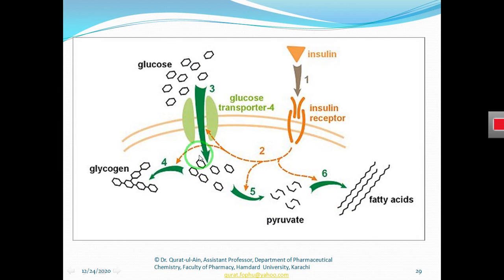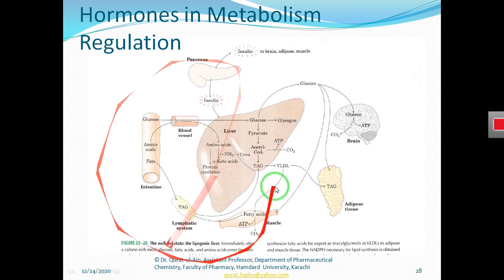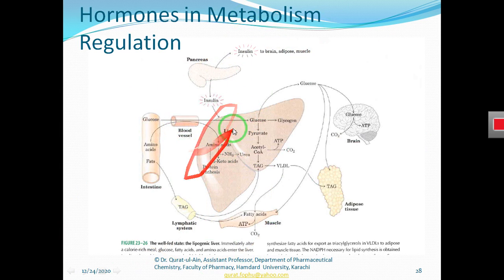How it allows glucose to enter the cell, we will see in this diagram, but first we understand how insulin is involved in the regulation of metabolic processes in our body. So we have a high glucose level in our blood. What happens? The pancreas releases insulin.